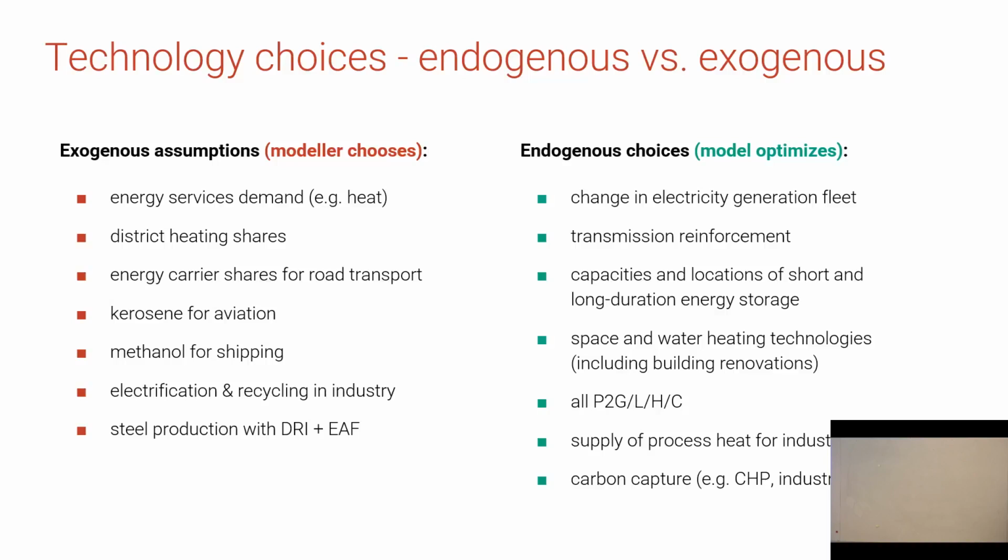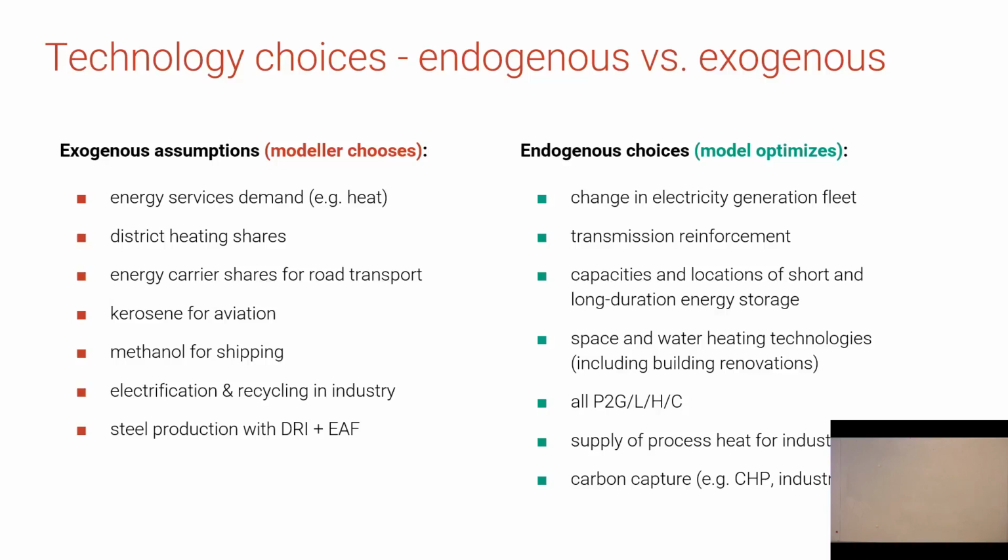Also, all the technologies producing heat for space and water heating, together with the building renovation and the storage in that section. All the conversion technologies producing gas, methane, methanol from using power and combining hydrogen and CO2.